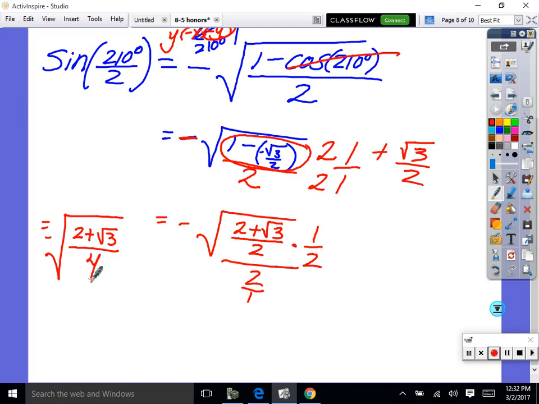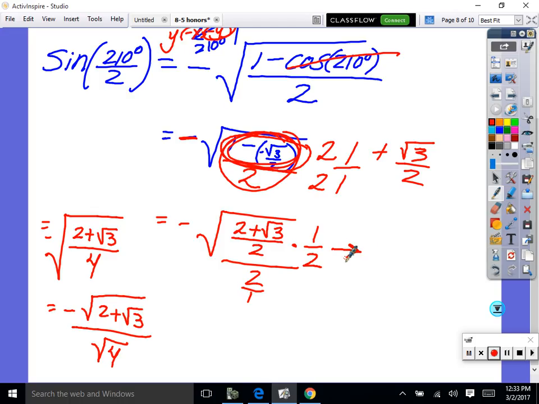So now you say to yourself, can that continue to simplify? Well, yeah, we can split it up: 2 plus root 3 divided by root 4. Can't I split it up, as long as they're both still under the radical? So we were simplifying this right here. On the top, we got a common denominator to get us here, and then dividing fractions is easy as pie: we flip the second and multiply.